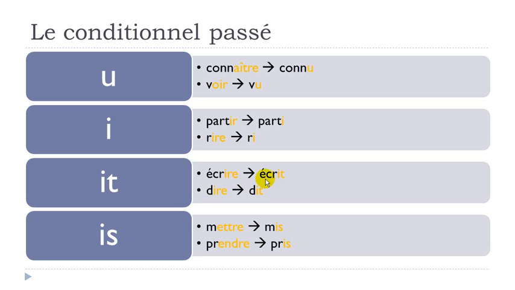Écrire, to write, écrit. Dire, to say, dit. Getting tired. And then IS, mettre will become mis. Mettre means to put. Prendre, to take, will become pris. Okay? So here you've got the past participle, so les participes passés of these verbs here, okay?